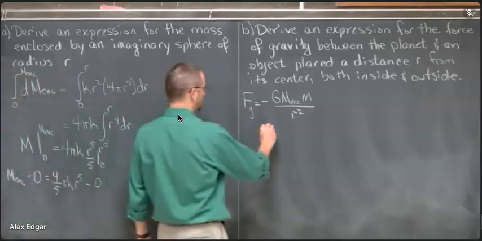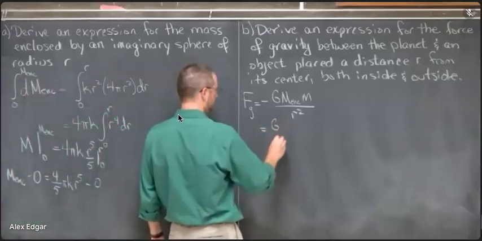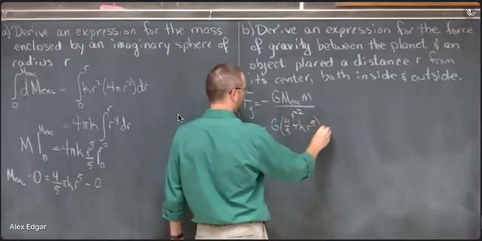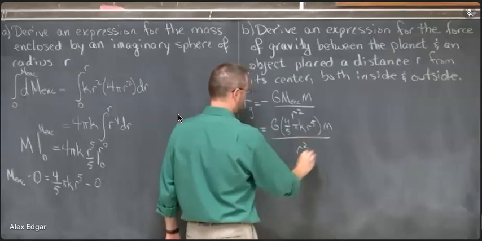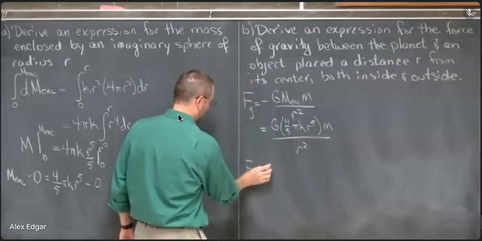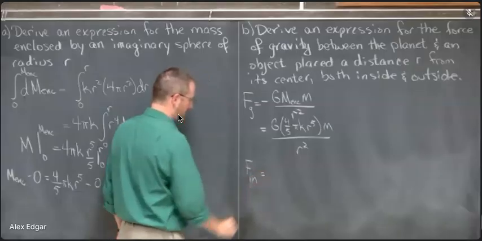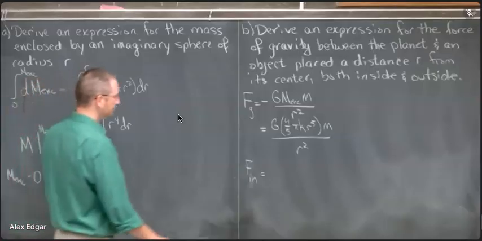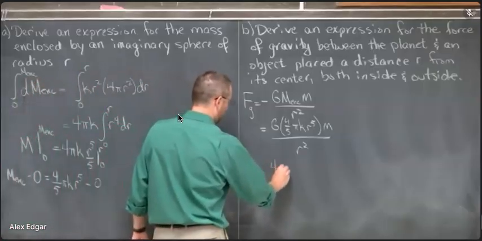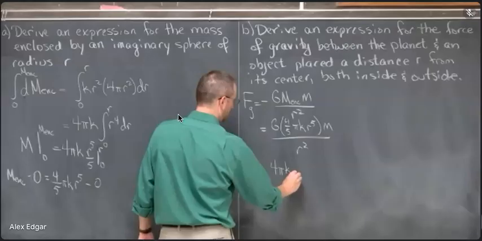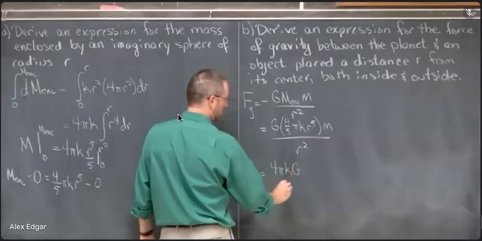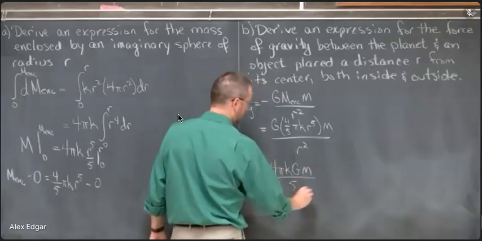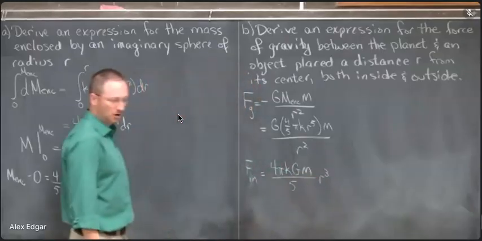So we're going to replace that: G, 4/5 pi k r to the 5th, mass, over r squared. And let's remind ourselves that that's for inside by putting F in there. F in equals 4 pi k G m over 5, and then we're going to have an r cubed there.